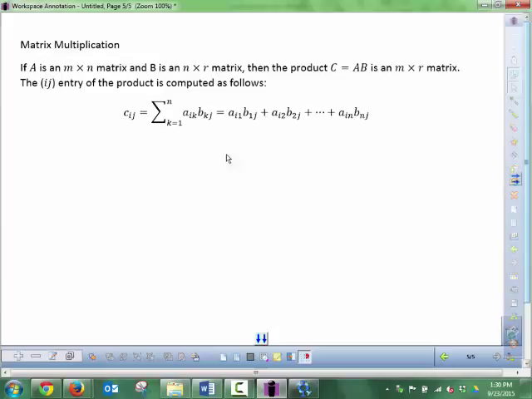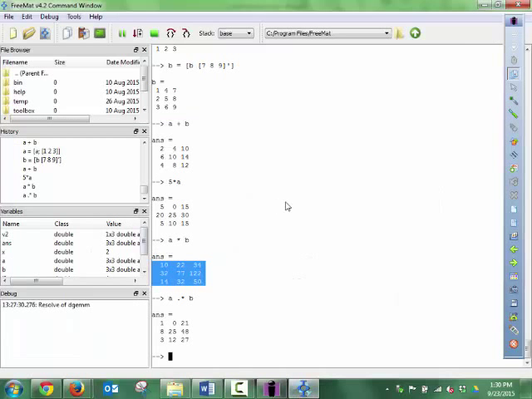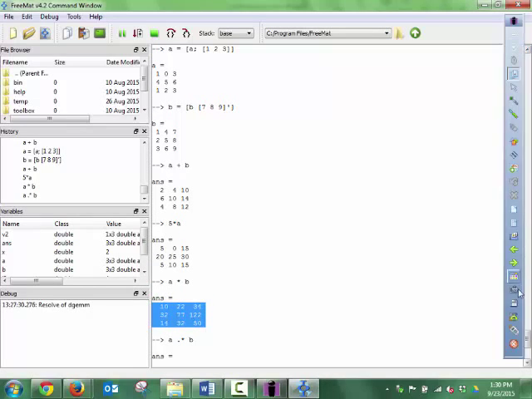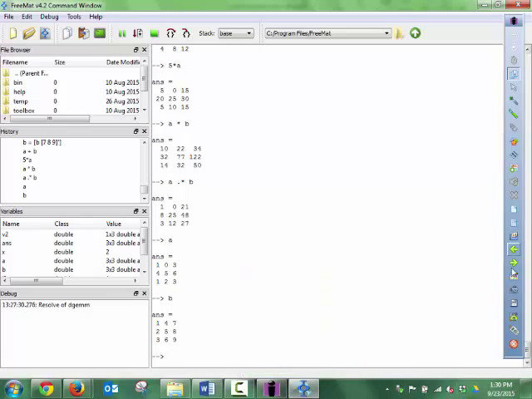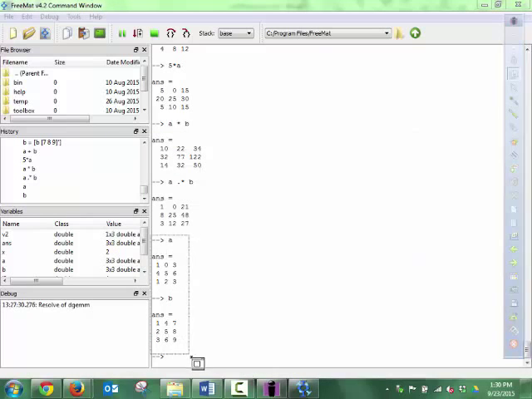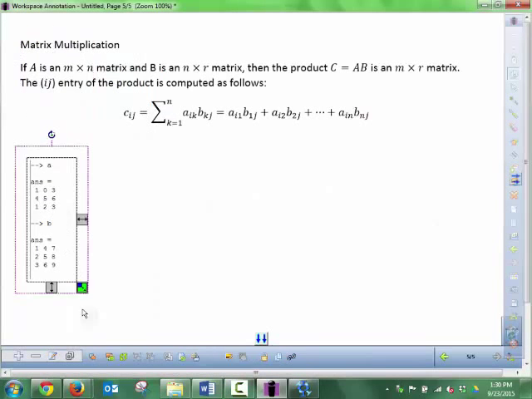So this looks complicated. But let's see if we can demystify this. So let's use the same matrices that we were using in MATLAB here, A and B, as our example.